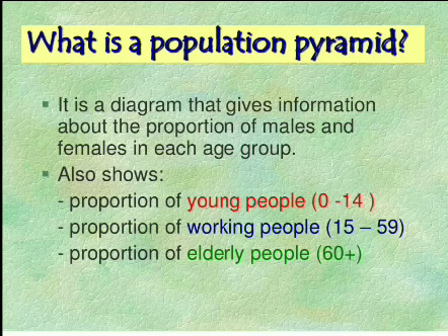If the working population is less, then the dependent population, that is the young population between 0 to 14, and the elderly population above 60, who are dependent on the working population, then definitely the economic level of the country will be low.